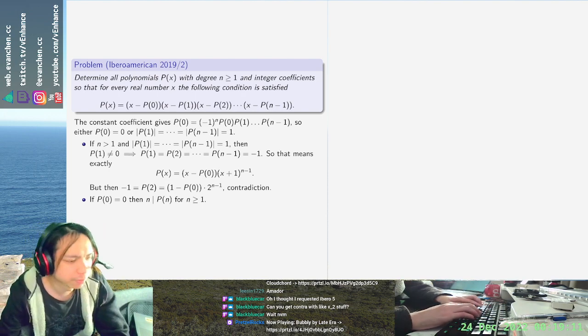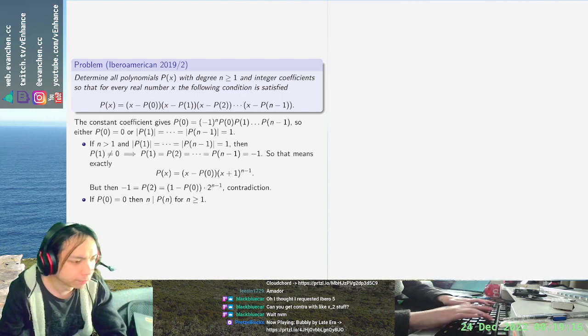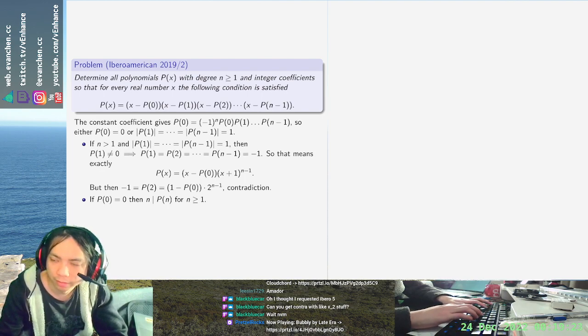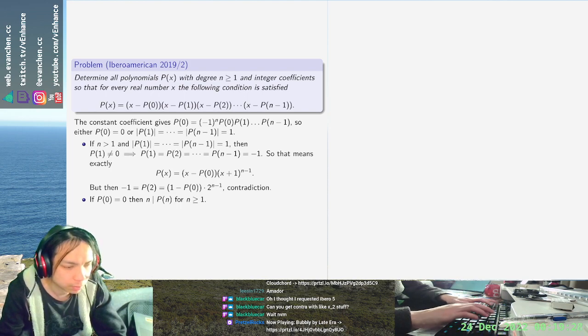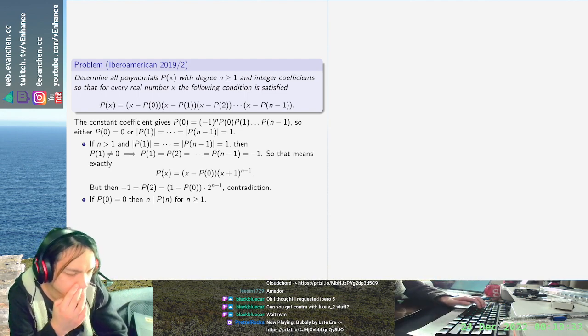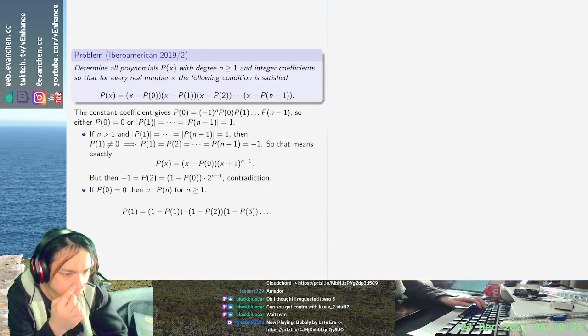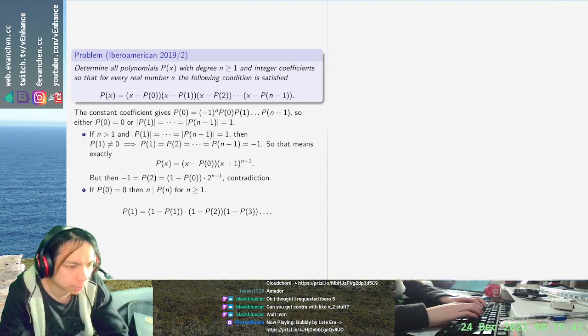Okay, you know what? Let's just plug in. I think something weird happens when you plug in 1, actually. P of 1, like 1 minus P of 1. So we know that P of 0 is 0, so that goes away. And then you get 1 minus... Yeah, something's not going to go well with this.